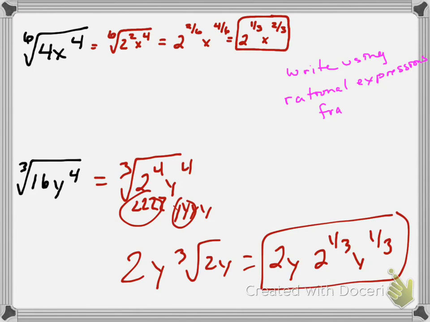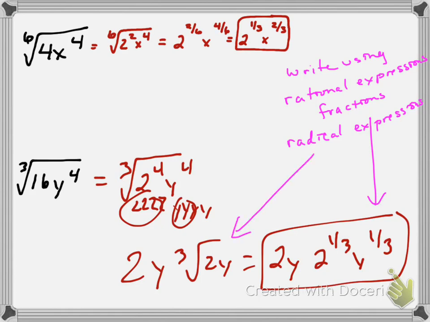Now, you have to know the difference in what I am asking. If I ask you to write an answer using rational exponents, I'm asking for that. I have it written wrong there. It's rational exponents. If I'm asking for radical expressions, it would be that one.